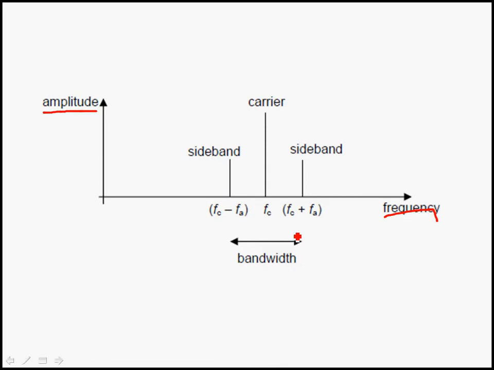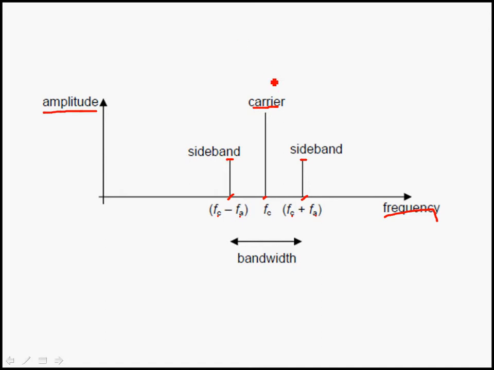You will obtain three vertical lines corresponding to three frequencies, right? The center line, which has the maximum amplitude, is the carrier frequency, and then you have two other frequencies called the sideband frequencies, which are Fc plus Fa, the frequency of the carrier wave plus the frequency of the audio wave, and Fc minus Fa, the frequency of the carrier wave minus the frequency of the audio wave.